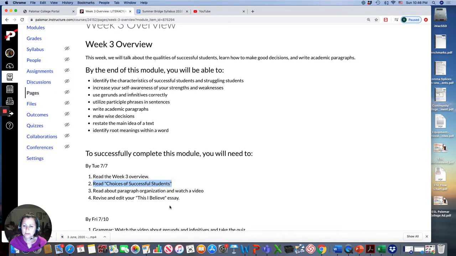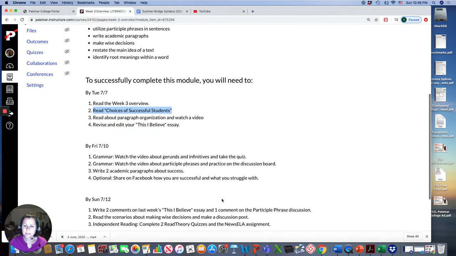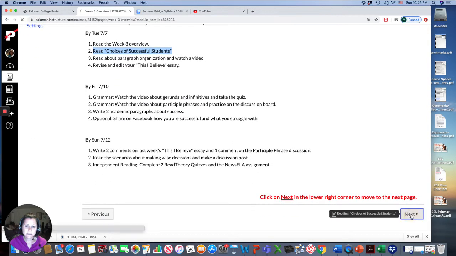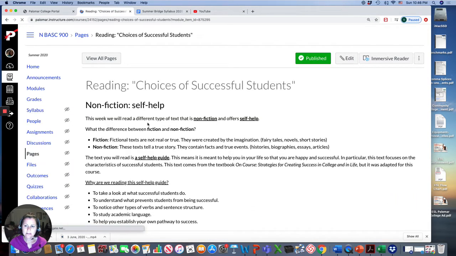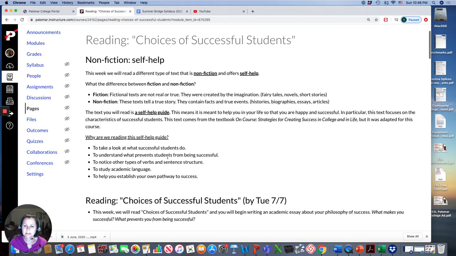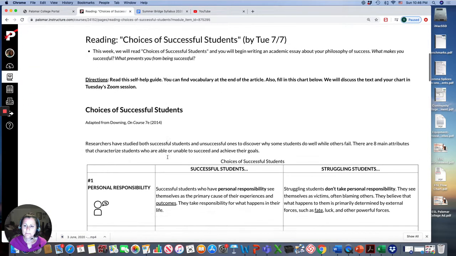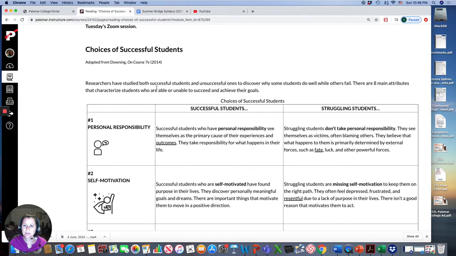read the article. Let me show you what it is. So this is a nonfiction self-help text. So this text basically shows you some of the characteristics of successful students. For example, successful students have personal responsibility.